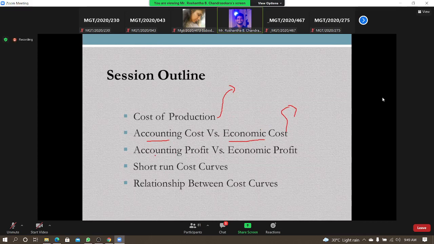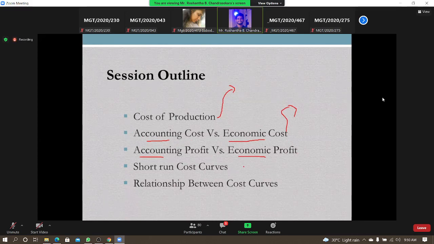By basing on that, we calculate accounting profit and economic profit. If there is any difference between accounting cost and economic cost, there must be a difference between accounting profit and economic profit also.